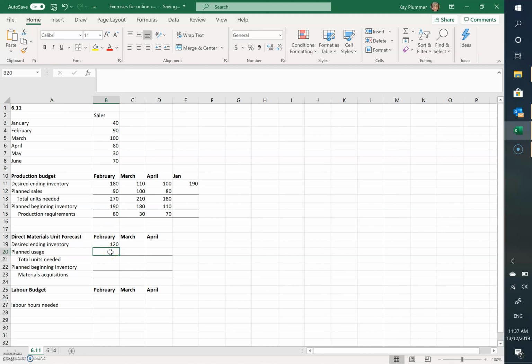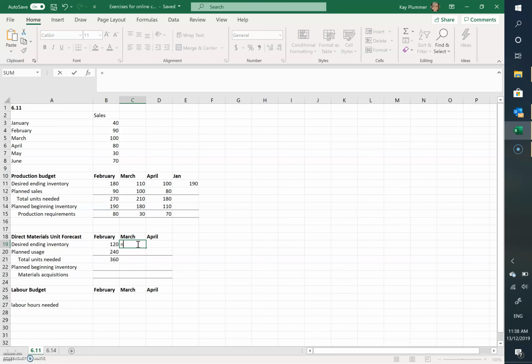And our usage is simply 3 times 80. So the total units we need is simply going to be an addition of those two. We need 360 units. And we can follow that right across for March, our desired ending inventory in materials. Now remember we've got 3 materials for each product.